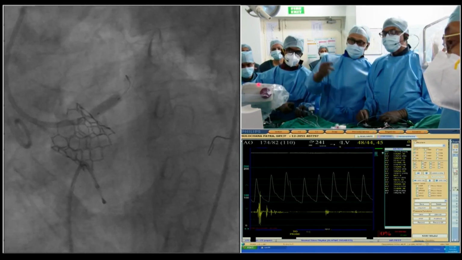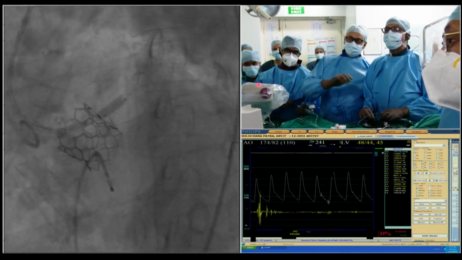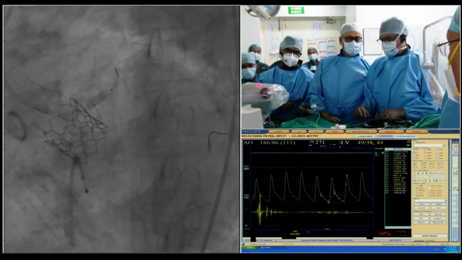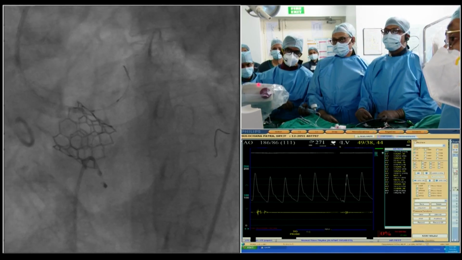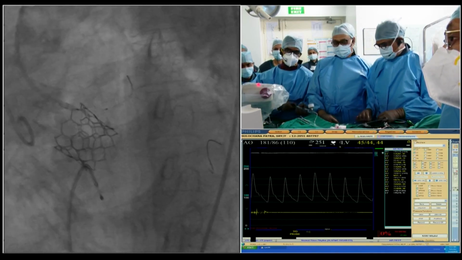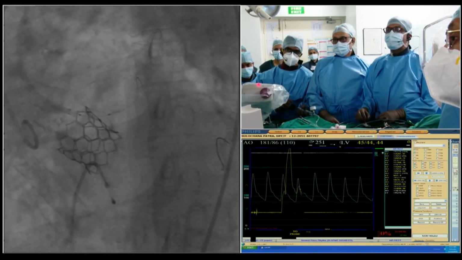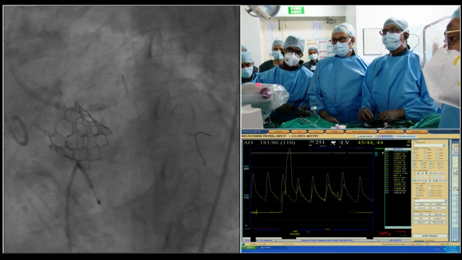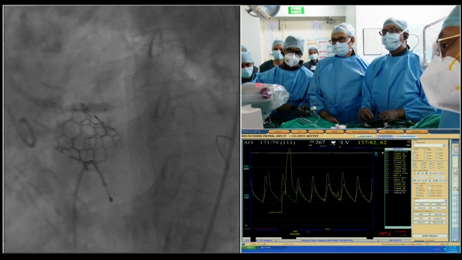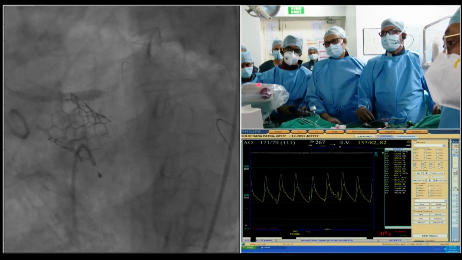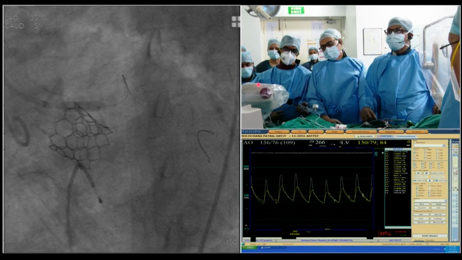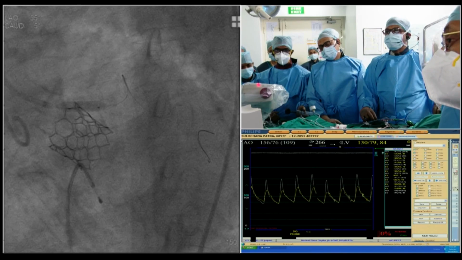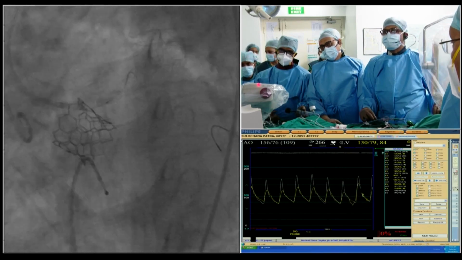It's going in, sir. Pull back. No, your guide is, I think, pushing it back. Okay, I pull back the guide. Deflate. One minute, hold on. Manoj, it will be interesting to do an IVUS or an OCT now. Okay, deflate. The Japanese have done a study with these kind of patients, and they found it's useful.